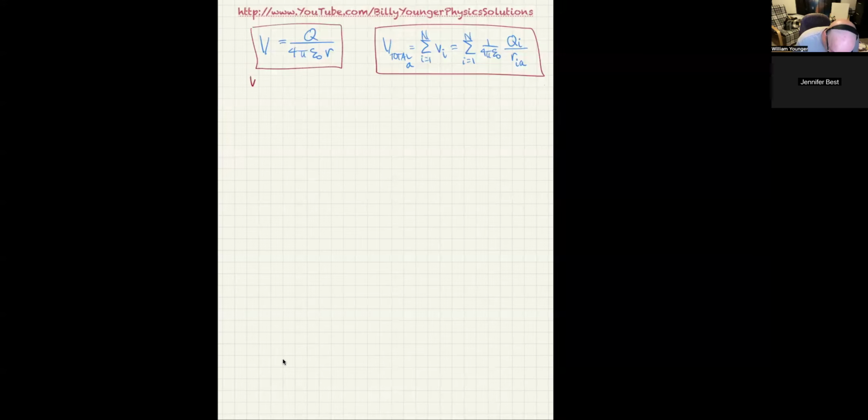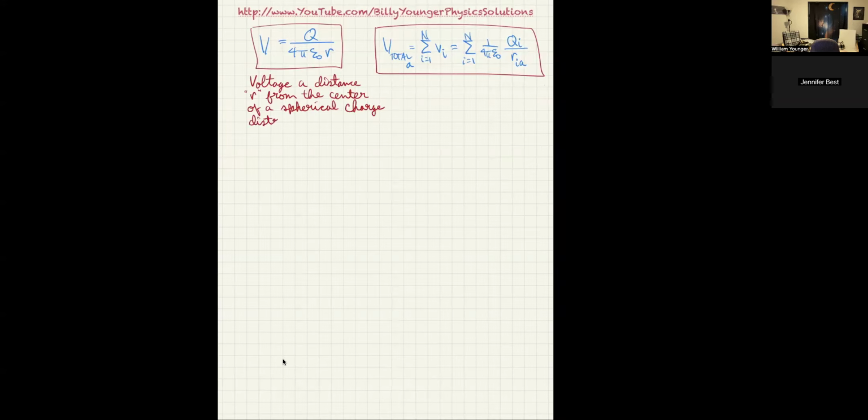Again, this is for voltage a distance r from the center of a spherical charge distribution with total charge Q. So that's the voltage a distance r away from a charge Q that is spherically symmetric.